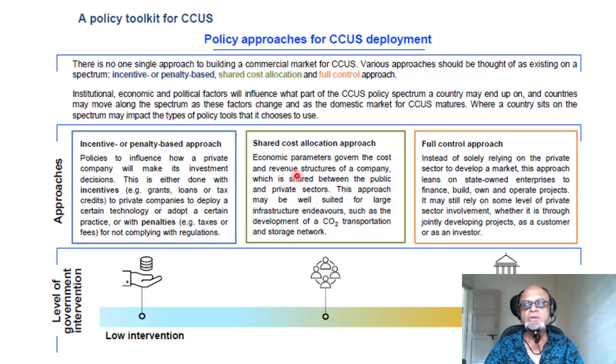In the shared cost allocation approach, economic parameters govern the cost and revenue structure of a company, which is shared between the public and private sectors. This approach may be well suited for large infrastructure endeavors such as the development of a CO2 transportation and storage network.